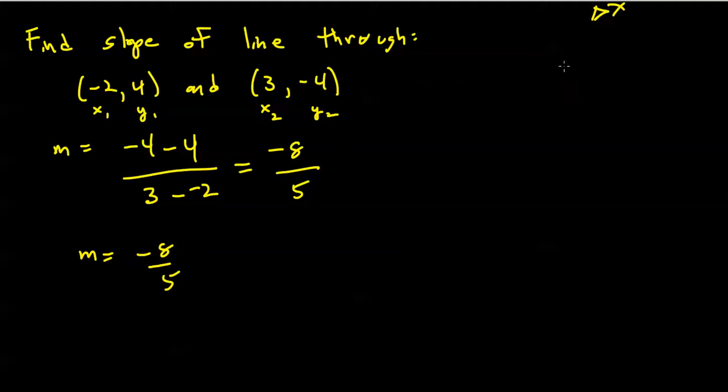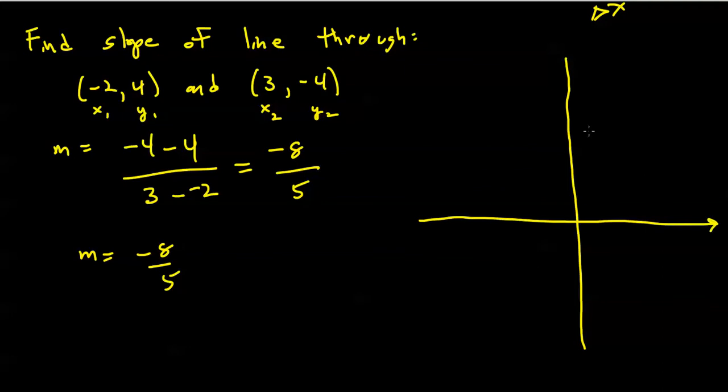Let me sketch this line quickly, get some visual interpretation of what's going on. Let's see, the first point given was (-2, 4). Again, I'll do the best I can without graph paper here.